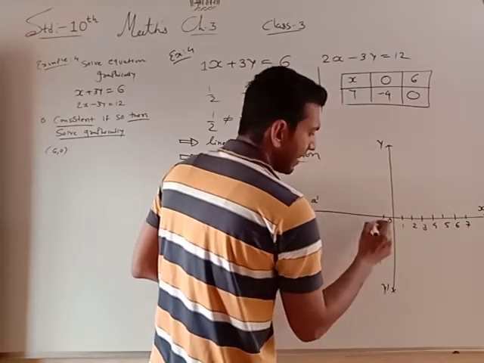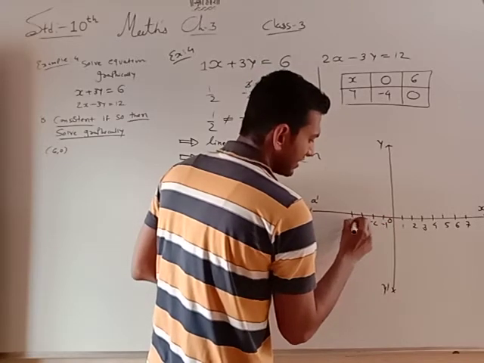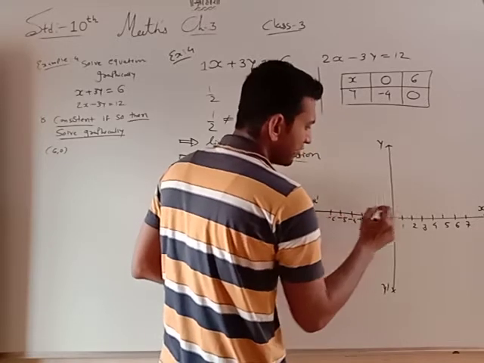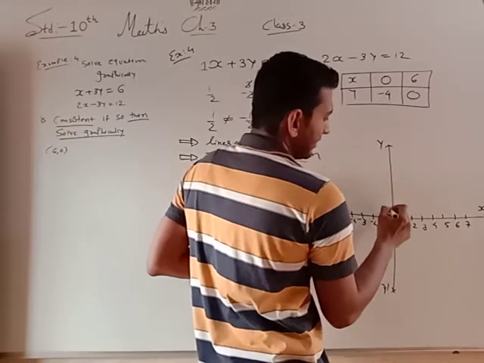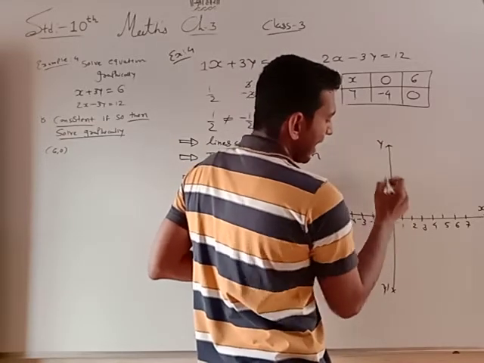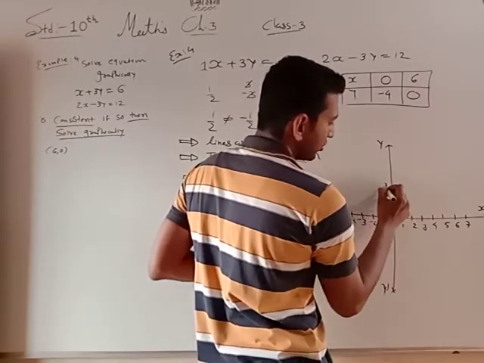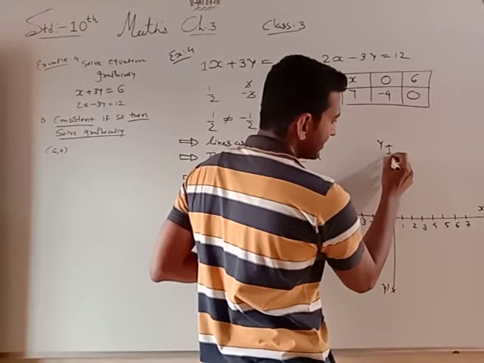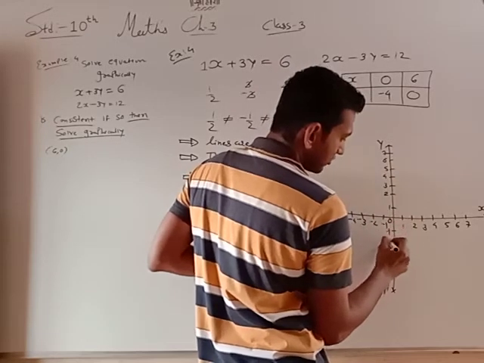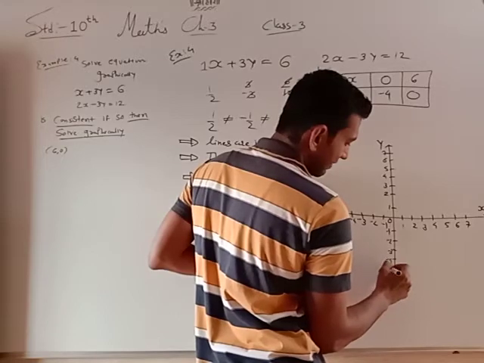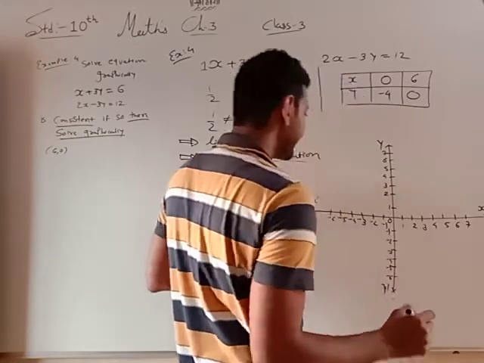On the left side: minus 1, minus 2, minus 3, minus 4, minus 5, 6. On the raised OY: 1, 2, 3, 4, 5, 6, 7. Then -1, -2, -3, -4, -5, -6.